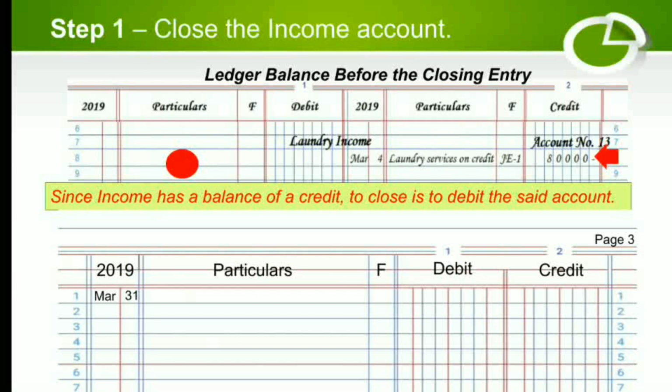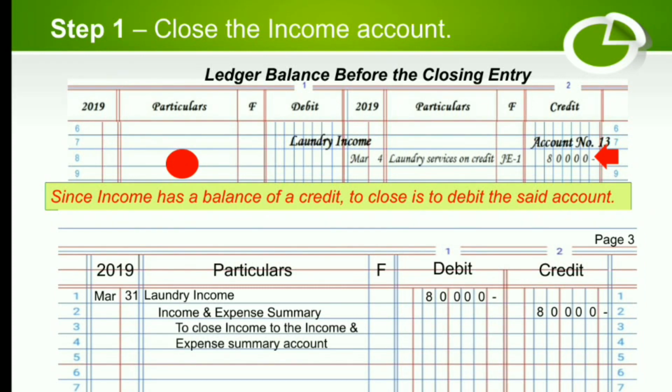So in order to close this laundry income, we need to debit it. Therefore, our debit entry is laundry income, and then the amount is 80,000 pesos. And for our credit, we're going to use our temporary account, which is the income and expense summary, which is also 80,000 pesos. And this is to close income to the income and expense summary account.